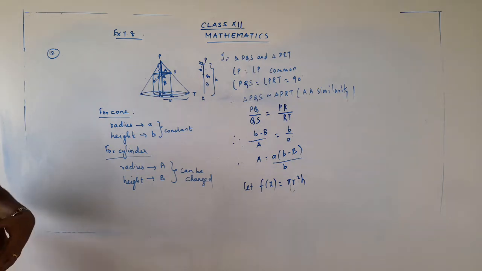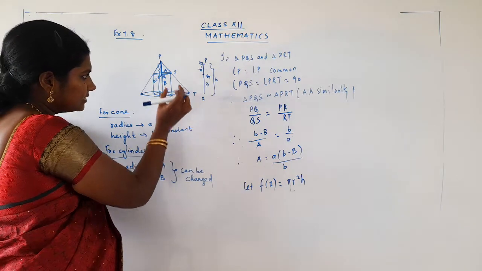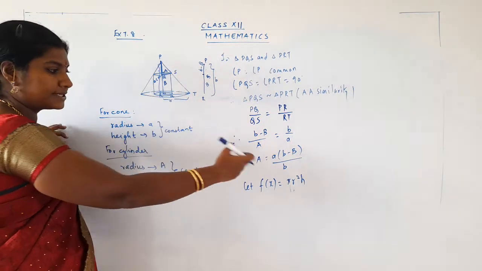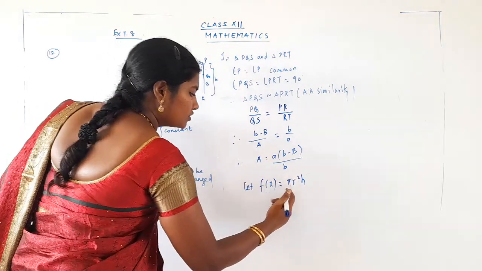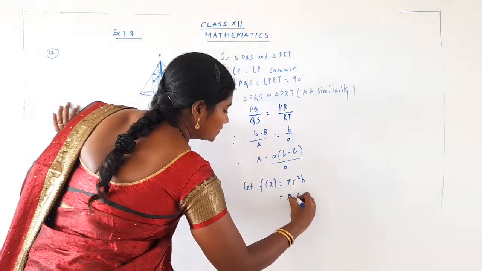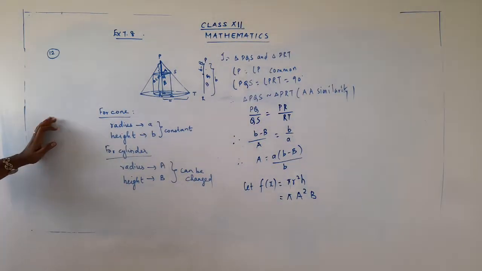Now I am talking about the cylinder. So what is the radius of the cylinder here? The radius of the cylinder is capital A and the height of the cylinder is capital B. So I just replace in terms of A and B. So I'll get pi A square B.